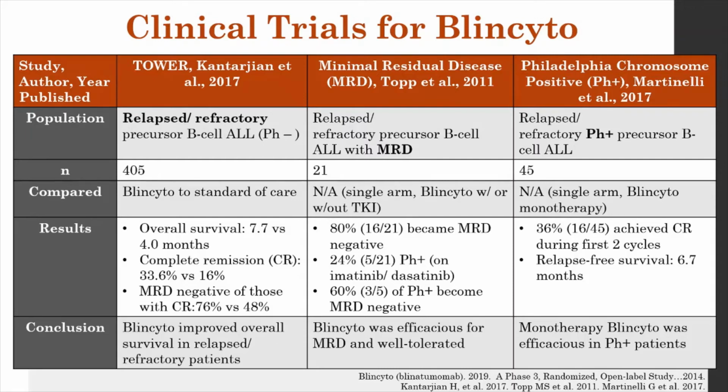But this is one of the largest studies of Blincyto, and it compared Blincyto to the standard of care. It is also important because the FDA granted accelerated approval of Blincyto based on the early results of this study in 2014, and the approval was contingent upon the finalized overall survival results that weren't published until 2017.